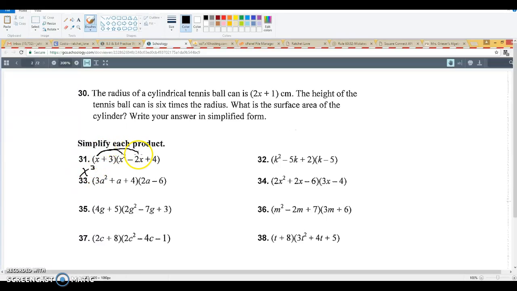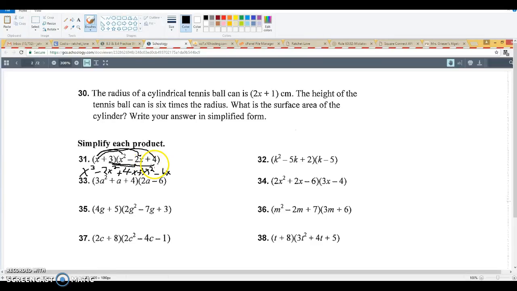Multiply x times negative 2x, which gives you negative 2x squared. x times 4, which gives you a positive 4x. 3 times x squared gives you a positive 3x squared. 3 times negative 2x, which is negative 6x.